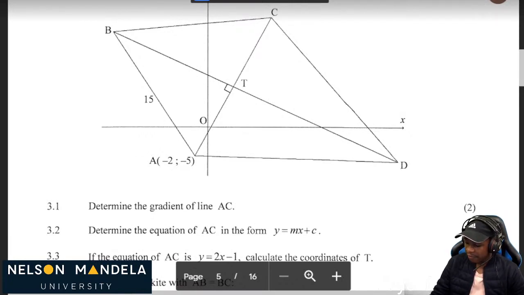We're going to have 4 minus, what is the x1 of A? It's negative 2. Negative 2 all squared plus, what is our y2? Our y2 is 7 minus 5 all squared.